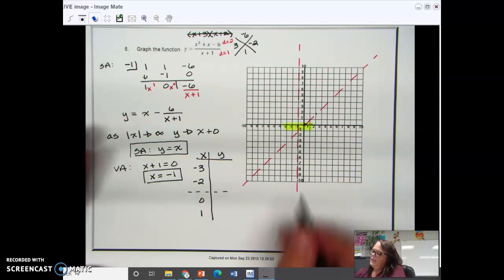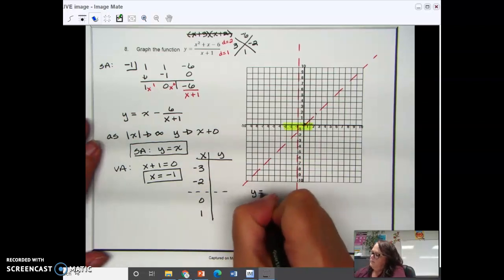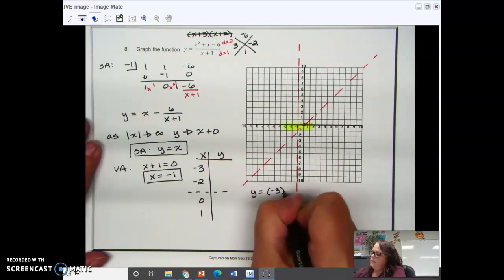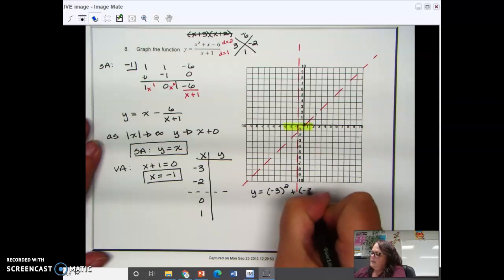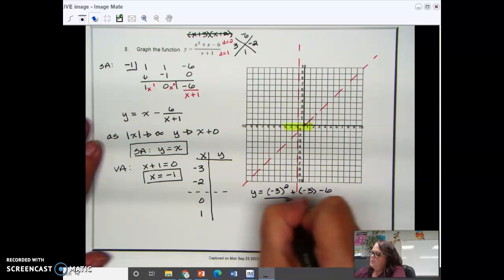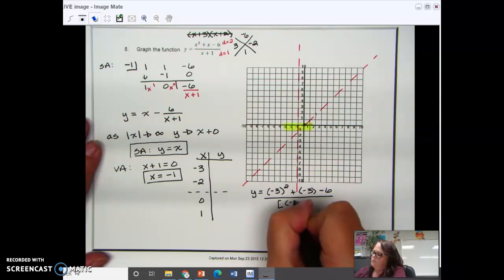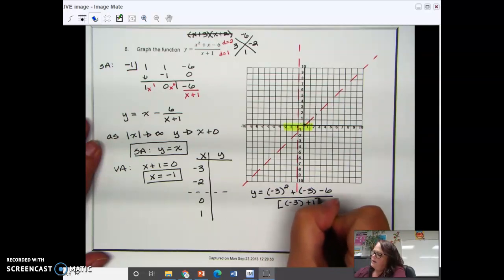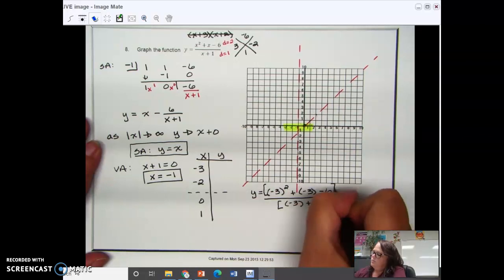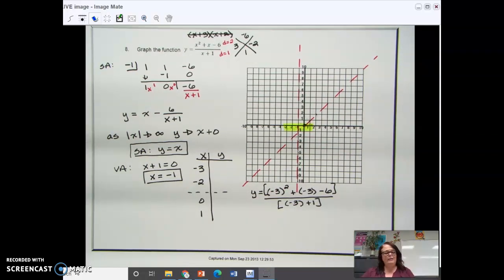So then I'm going to plug that into my equation. I'm going to have something like y is equal to -3 squared plus -3 minus 6 over, and I'm going to have to put parentheses around this and say -3 minus 1. Put parentheses around your numerator and your denominator in your calculator and see what you get. I'm going to go ahead and pause this and figure this out.